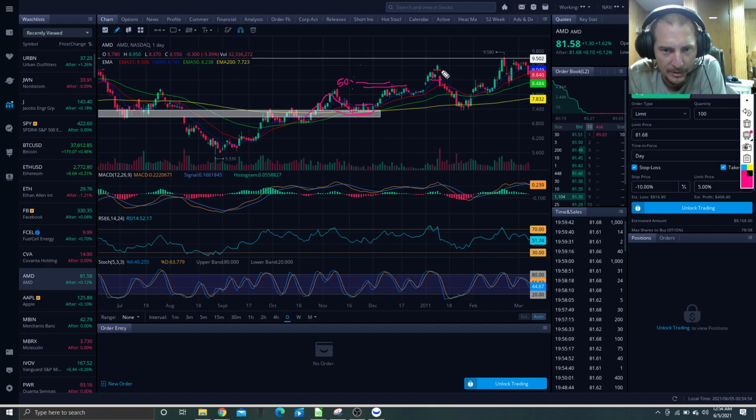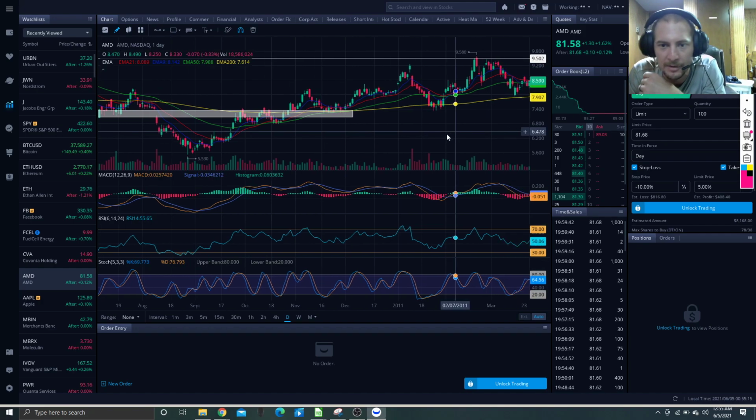I would probably move it to the bottom of this gap, and then you end up getting stopped out here. So at your breakout, MACD is bullish, RSI is bullish, stochastic is bullish. So all of those things are in line, and that's good.